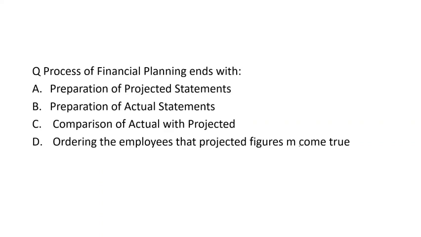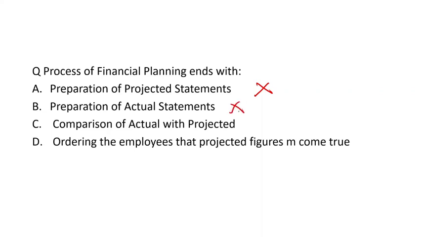Process of financial planning ends with preparation of the projected statements, then preparation of the actual statements, then comparison of actual with projected, and ordering the employees that projected figures come true. So first of all, the projected statement will be prepared, then the actual statement will be prepared.